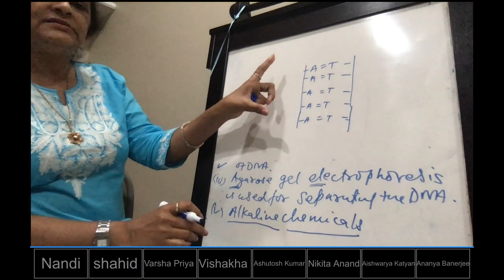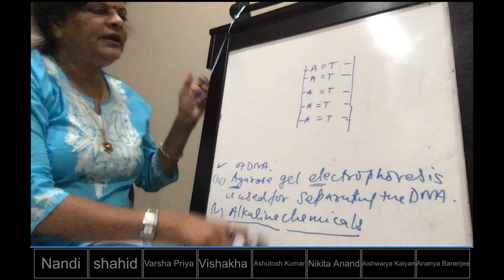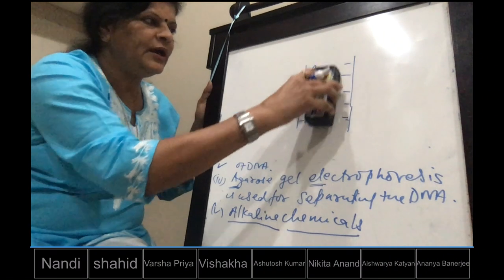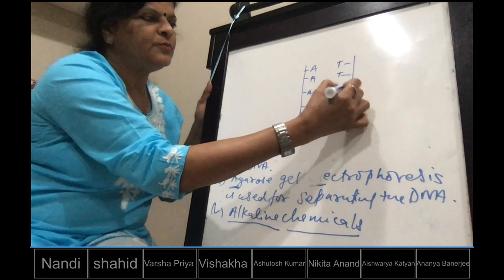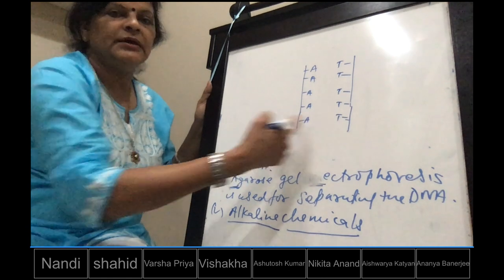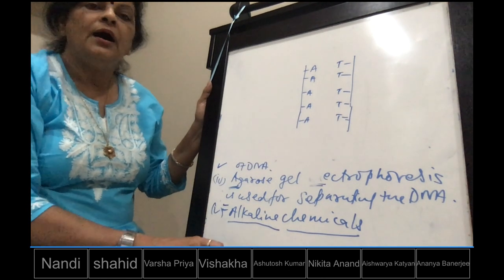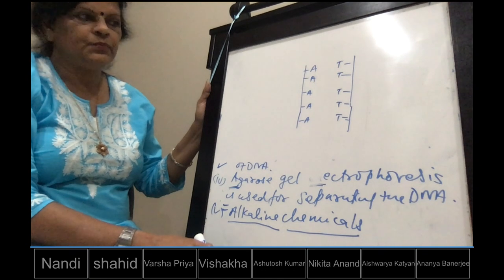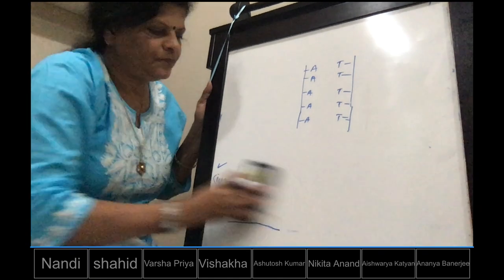Again, I've taken that example, 5 repeated sequences. Now this VNTR is broken. Duplex is broken into single strands by what chemicals? Alkaline chemicals. Treating the VNTRs by alkaline chemicals.